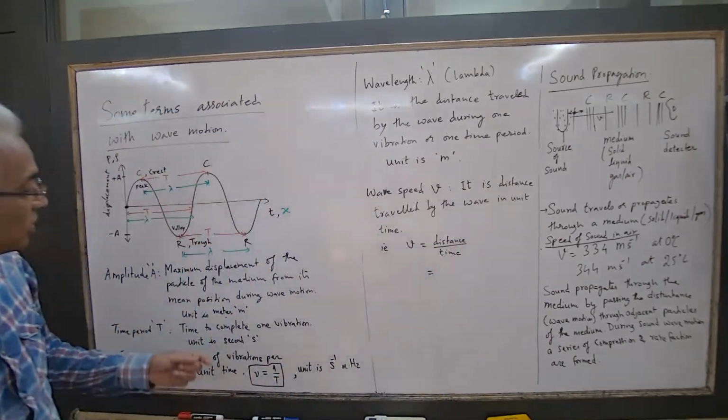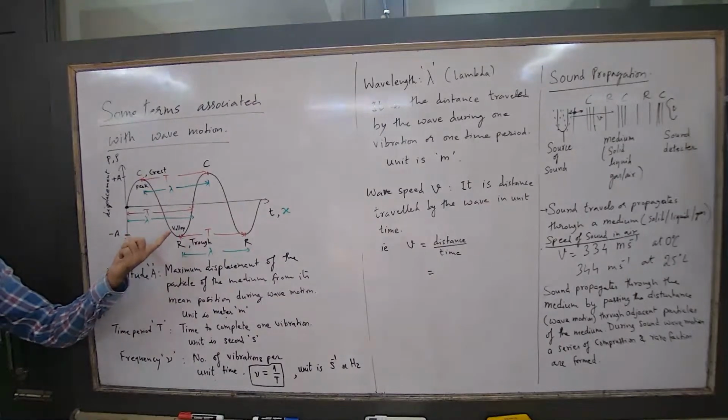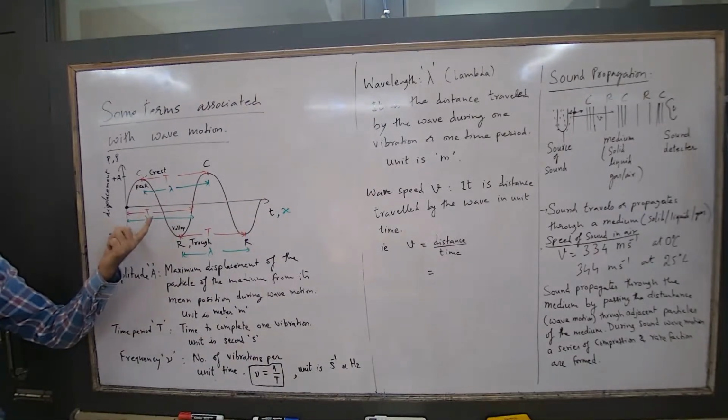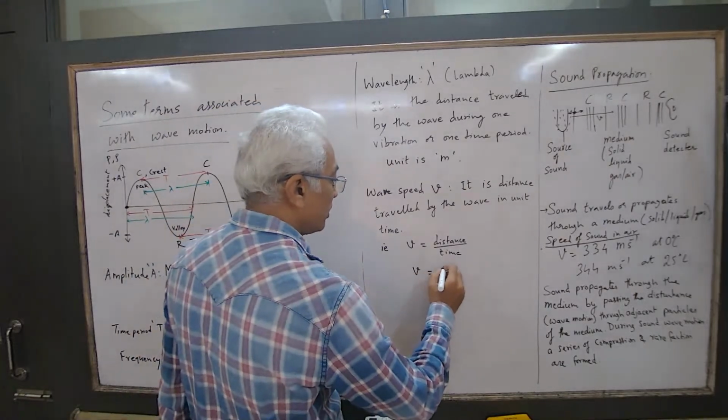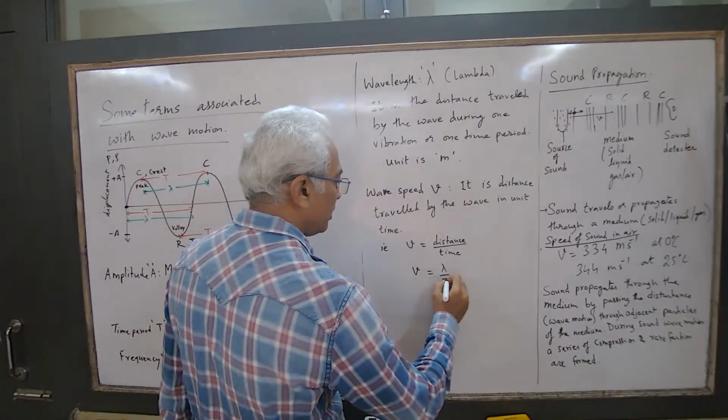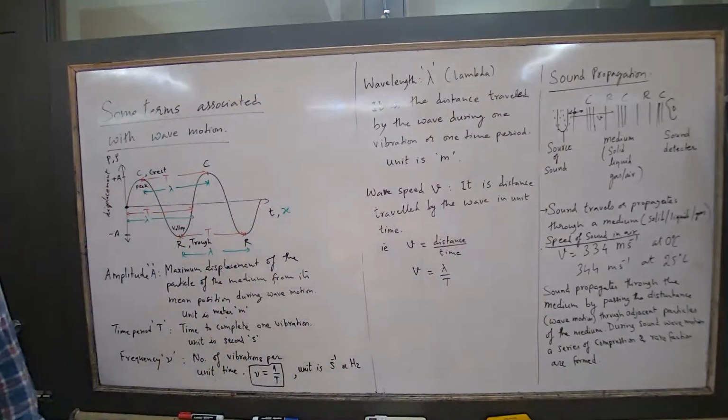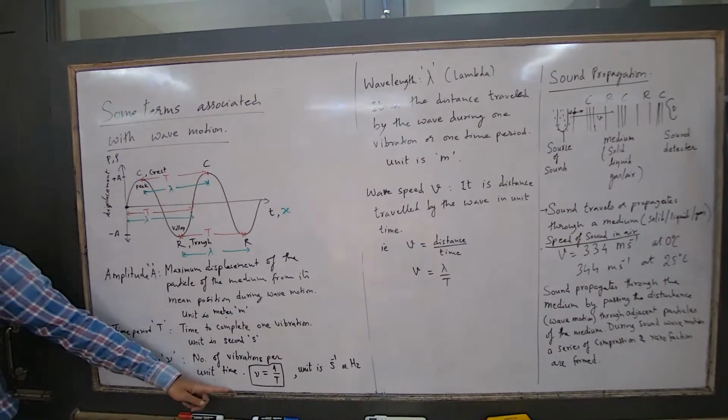And we know that when the wave travels distance lambda, the time taken is one time period. So therefore wave speed must be lambda by T. Correct? And what is 1 by T? Frequency.